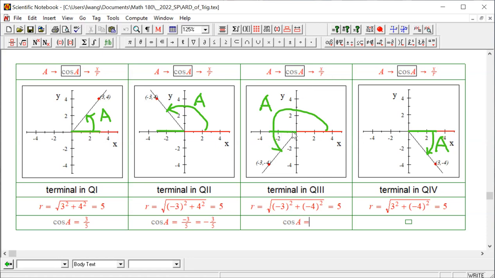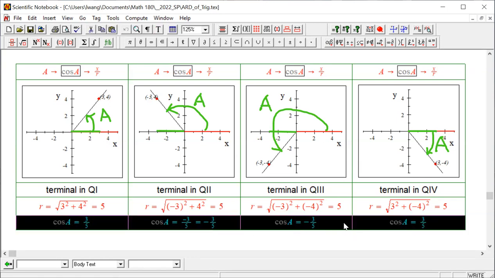What is x? X is negative, so it's going to be the same answer. And the last one, in the last quadrant, x is now positive, so this time it's 3 over 5.